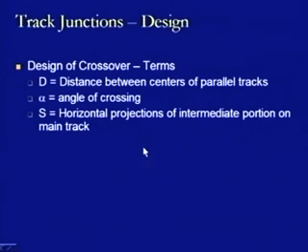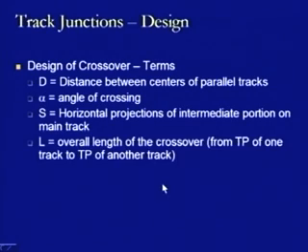We have a straight intermediate portion, as we have seen in the case of a crossover where the reverse curve was provided with the intermediate straight section. So, that intermediate straight section will have one horizontal projection. So, if you take this as an intermediate portion, by using angle alpha, we will have cos alpha as that portion's projection. L is the overall length of the crossover, that is from one tangent point on the track to another tangent point on the other track because of the S curve.